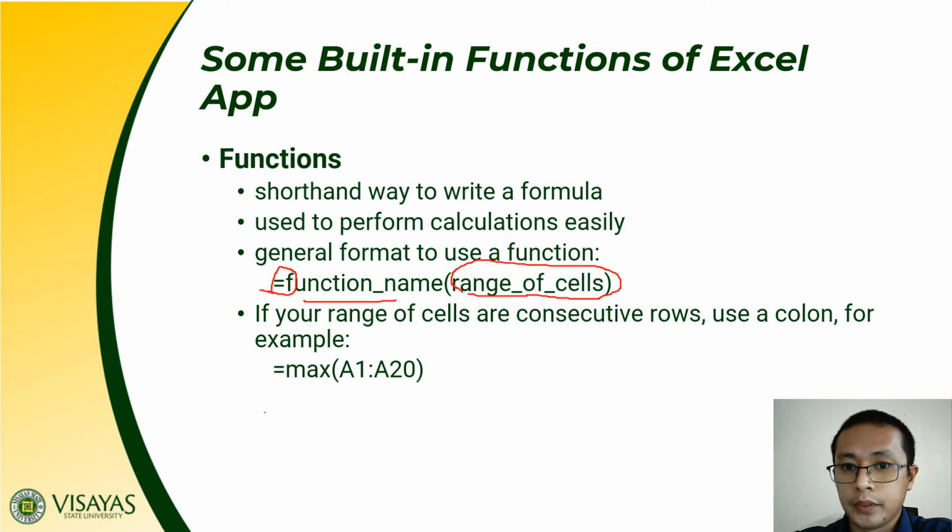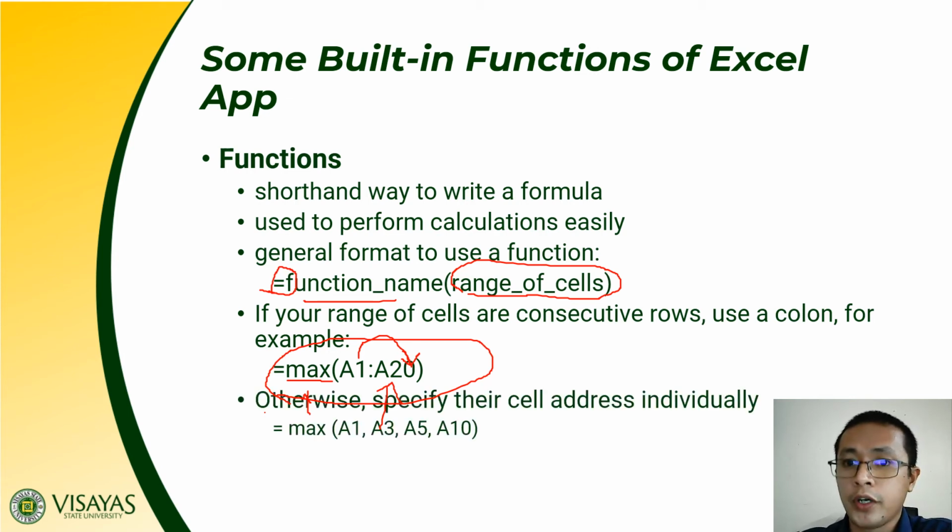For example, you have your equals MAX A1 to A20. So this is our function, MAX function, and then A1 to A20 here, this is our range of cells. So starting from A1 down to A20, you are going to find the maximum value.